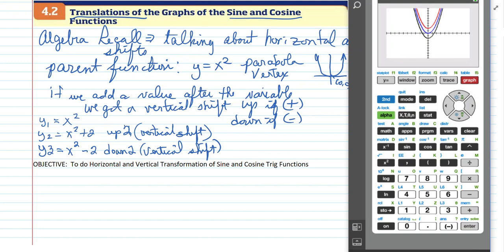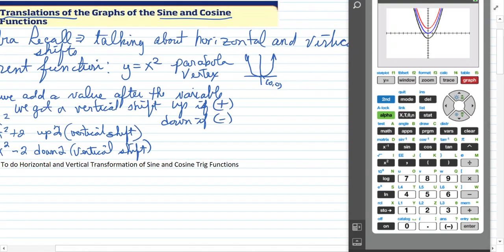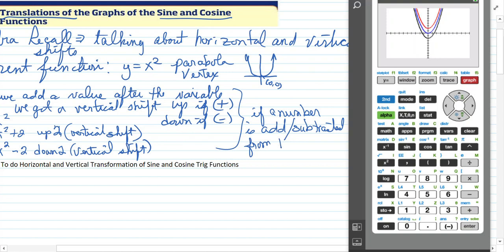Okay, so now we know that if a number is added or subtracted from the variable, it is a vertical shift.